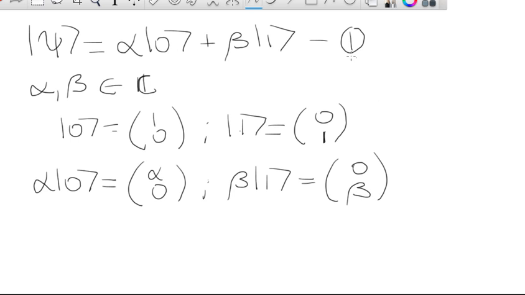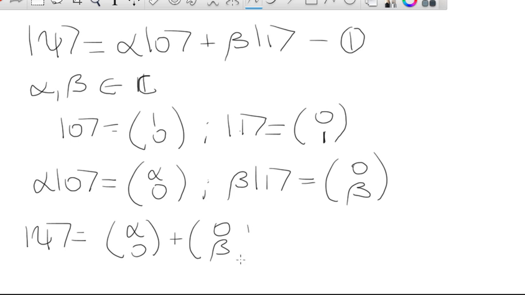Now coming back to equation 1, we simply add these two components to get what ket psi is. So ket psi is equal to alpha, 0 plus 0, beta is equal to alpha, beta. So we have ket psi is equal to the column vector alpha, beta.